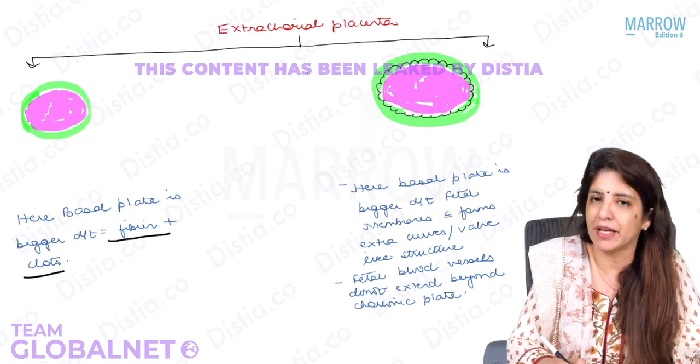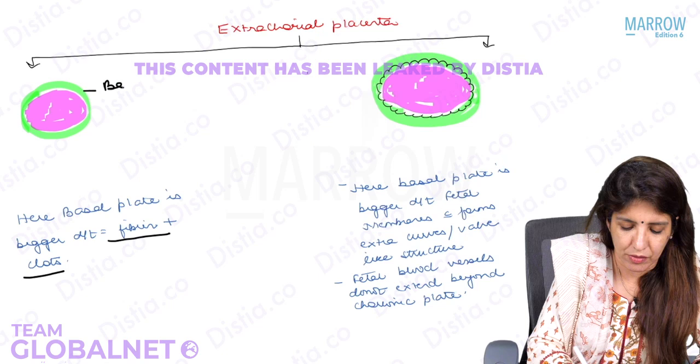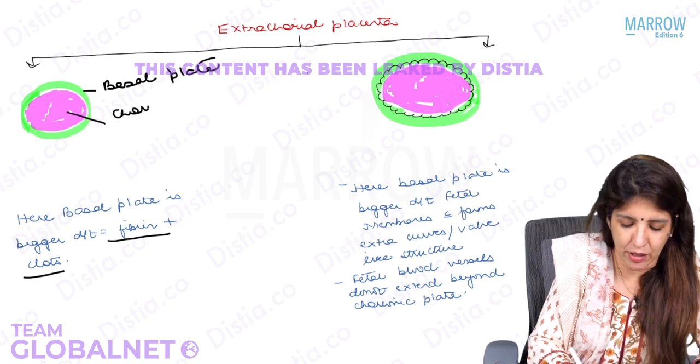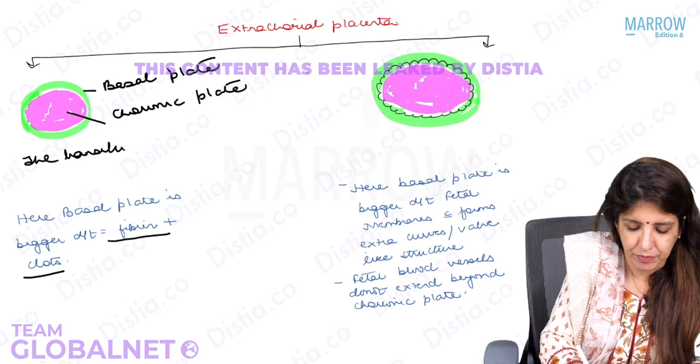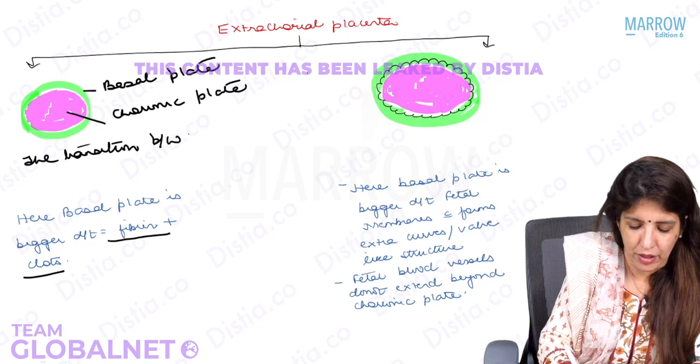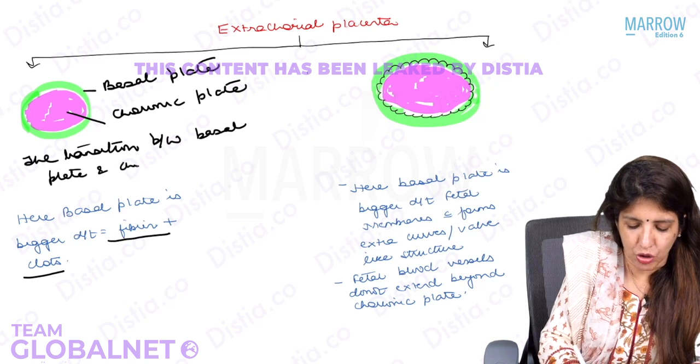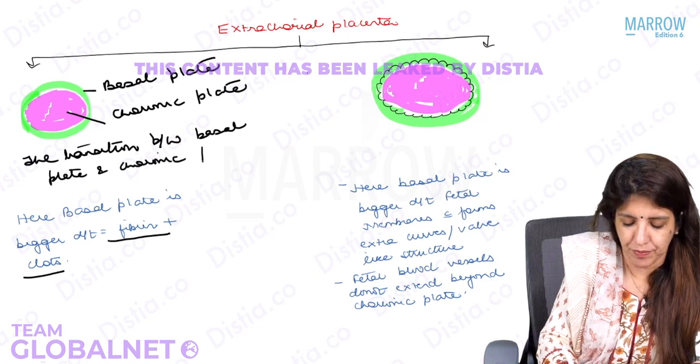And so the basal plate is surrounding the chorionic plate in the form of a ring, and the transition between the basal plate and the chorionic plate is smooth.